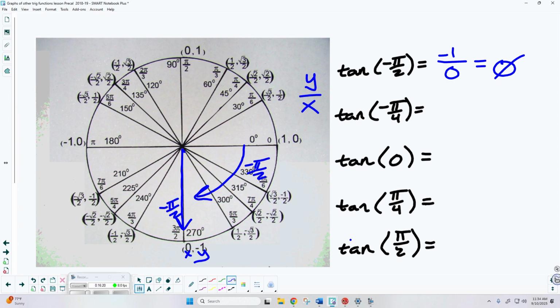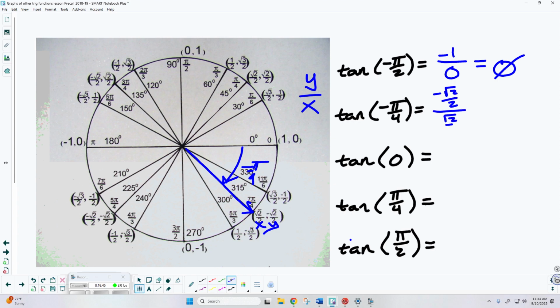Well, let's try negative pi over 4. See what happens. Okay. So I'm going to rotate negative pi over 4. So this is going to be coterminal with 7 pi over 4. Okay. Now, we could create a right triangle, but we've already got the x and the y values in front of us. So the y is a negative root 2 over 2.